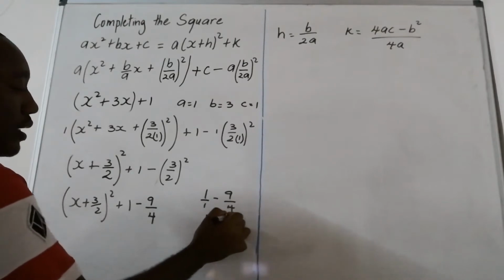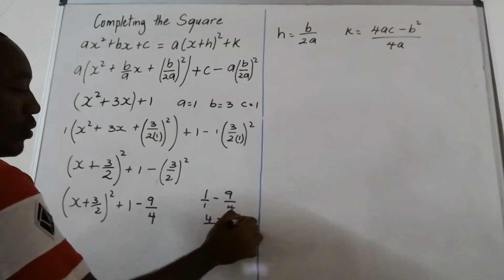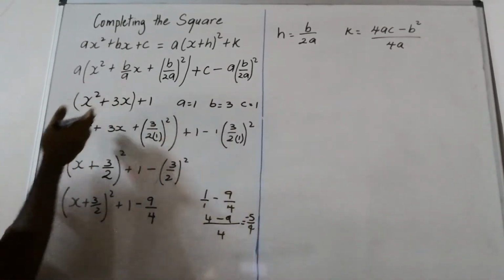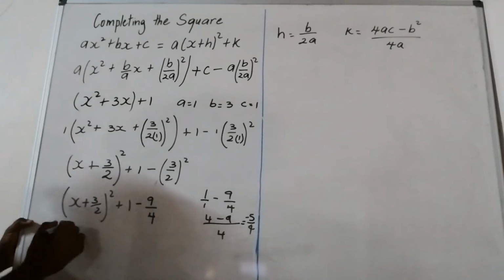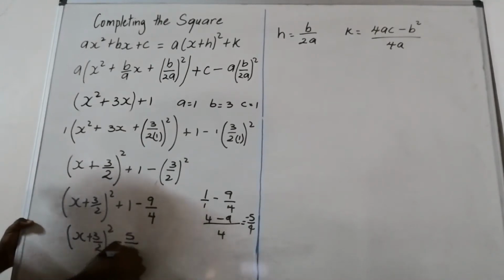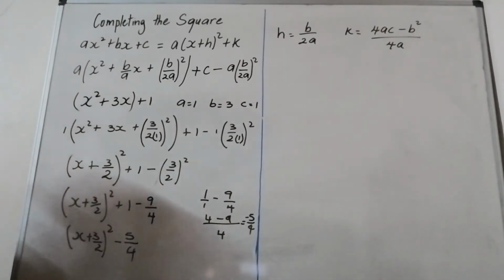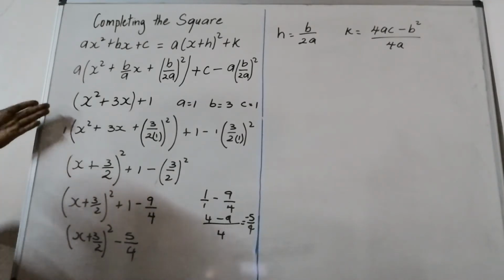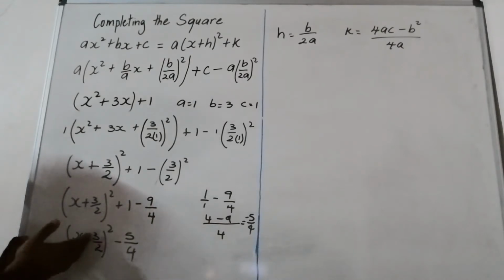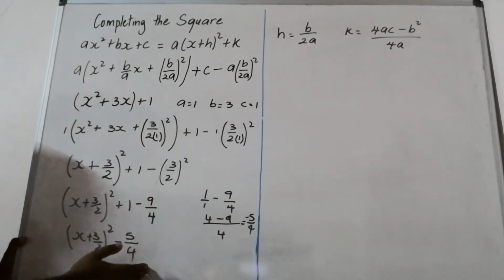This will give us 4 take 9, which will be equal to minus 5 over 4. So rewriting this expression in completed square form, we have x plus 3 over 2 all squared minus 5 over 4. So our algebraic expression of x squared plus 3x plus 1 can be written as x plus 3 over 2 all squared minus 5 over 4.